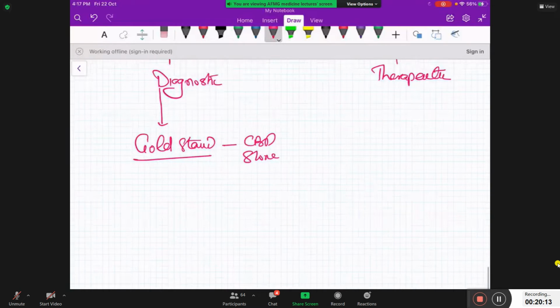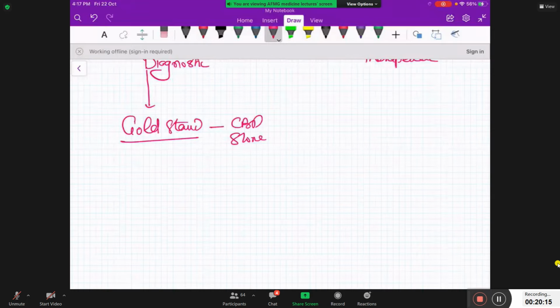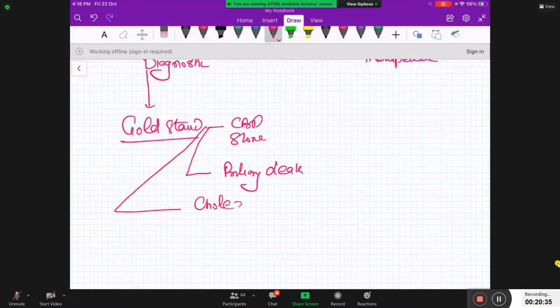It is also gold standard investigation for biliary leak. It is also gold standard investigation for choledochal cyst.